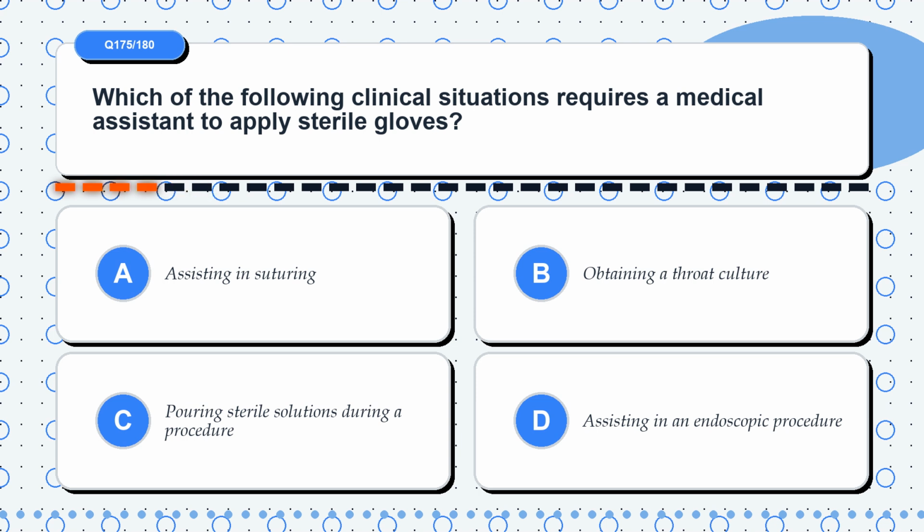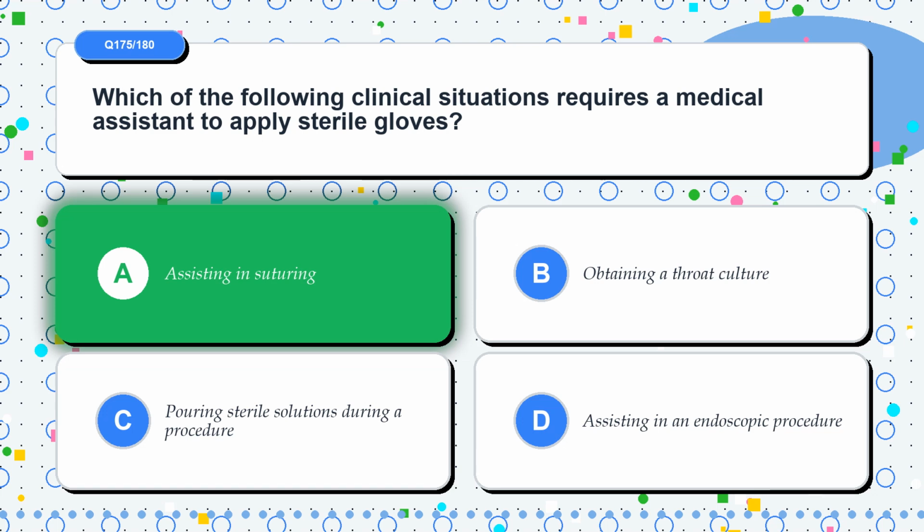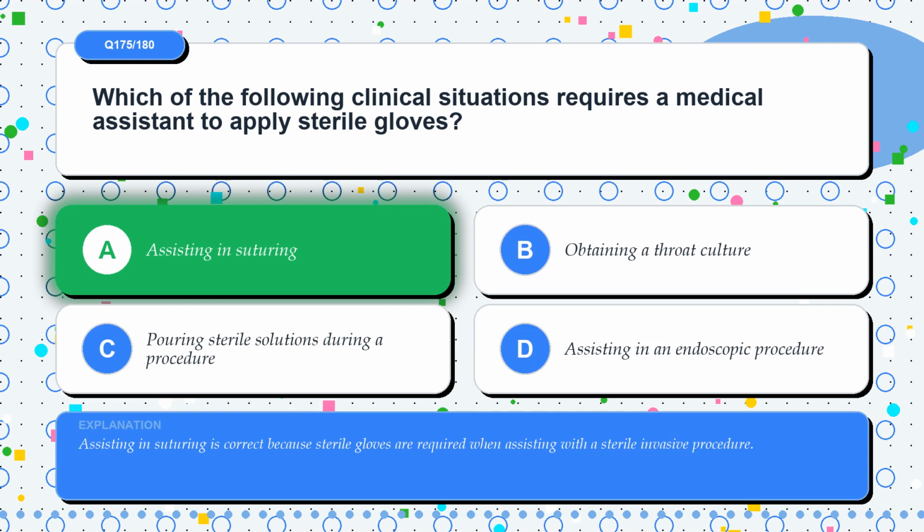Option D, assisting in an endoscopic procedure. The correct answer is option A. Assisting in suturing is correct because sterile gloves are required when assisting with a sterile invasive procedure.